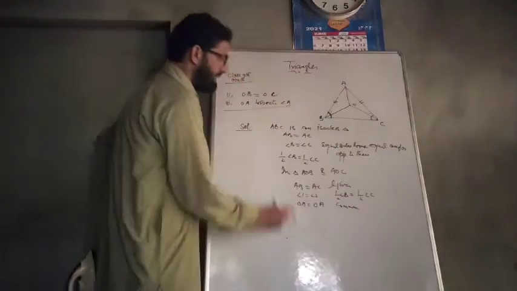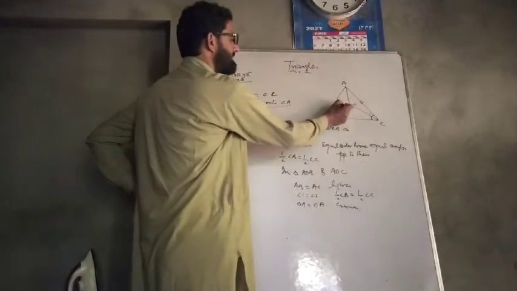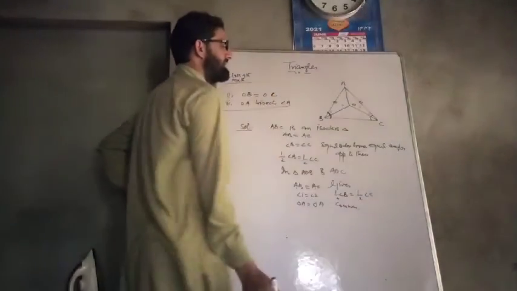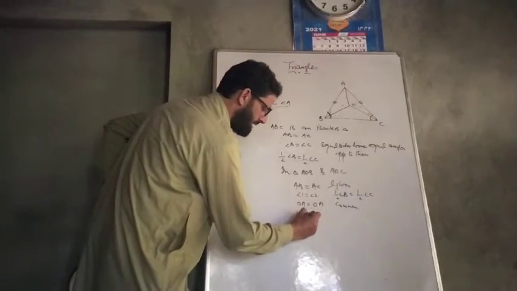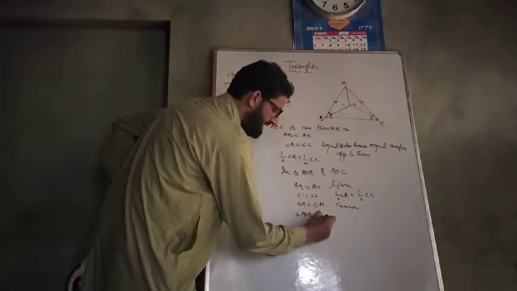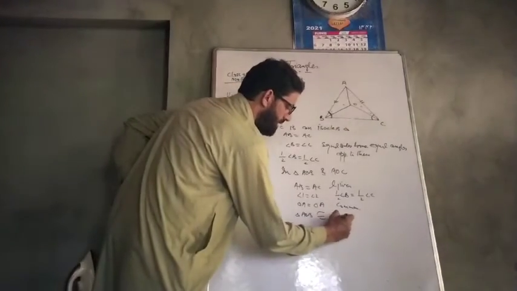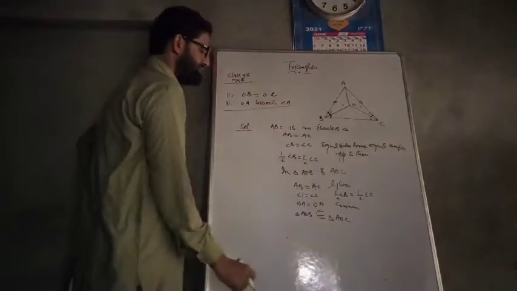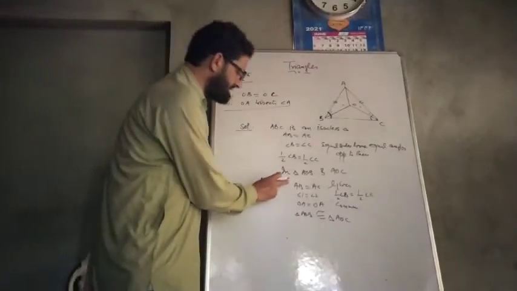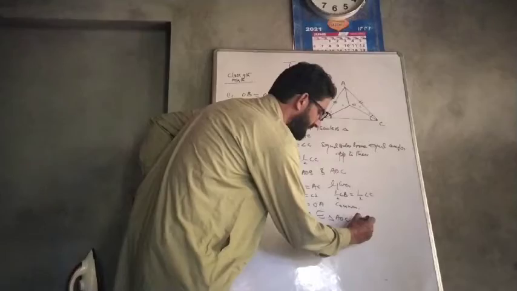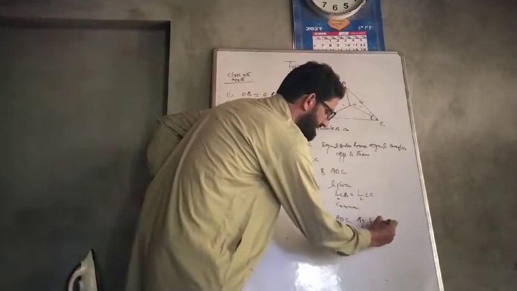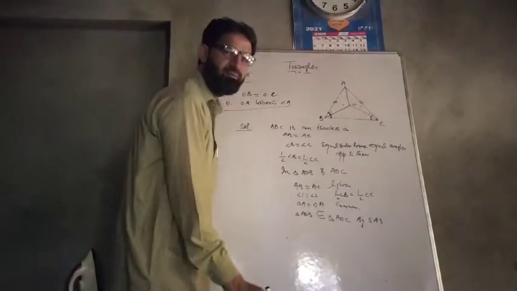Now see, these two triangles are congruent. This triangle and this triangle are congruent. Triangle AOB is congruent to triangle AOC. Now see which criteria we have used here. Side angle side is equal to side angle side, by the SAS congruency rule or axiom.